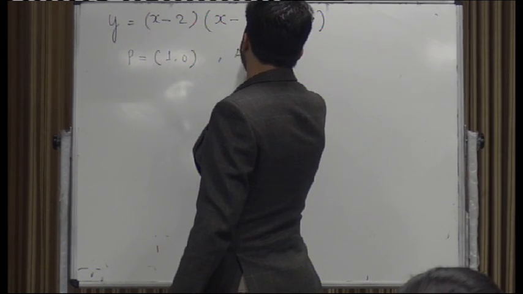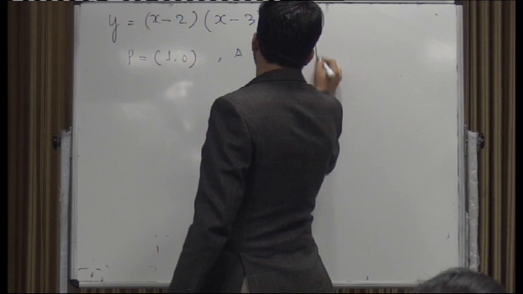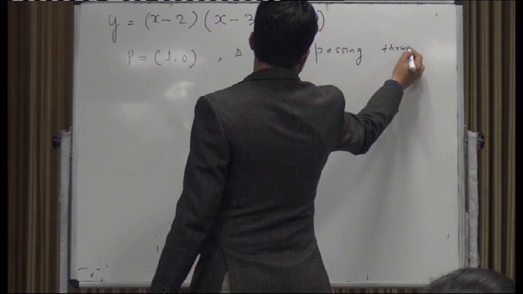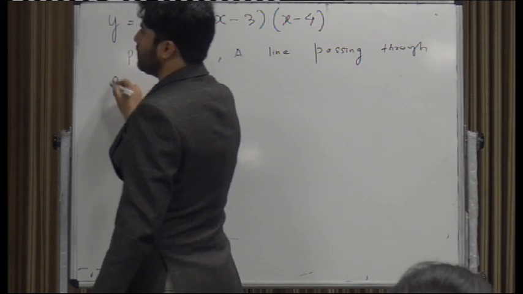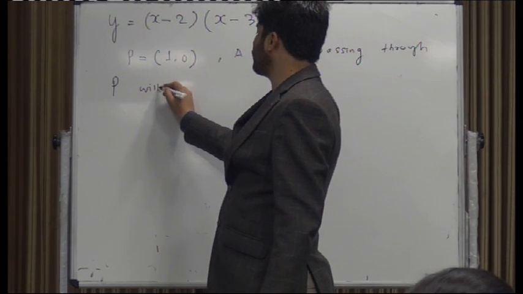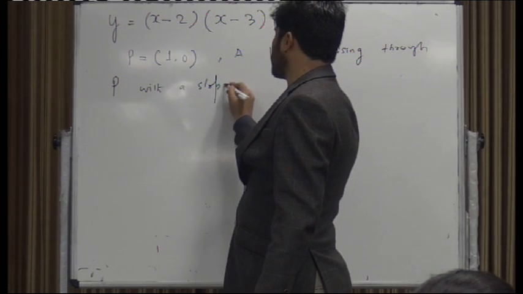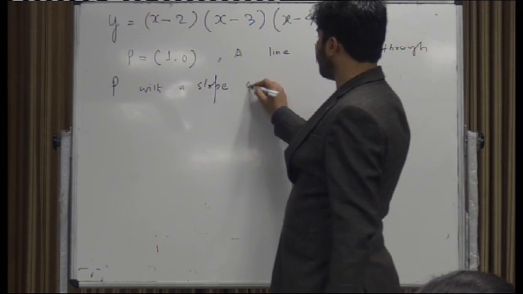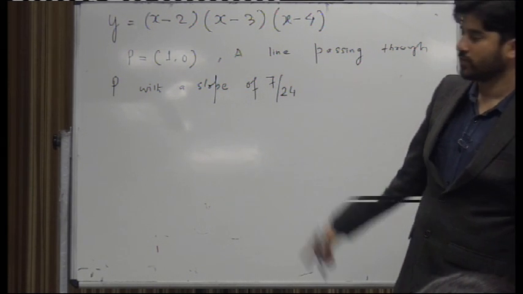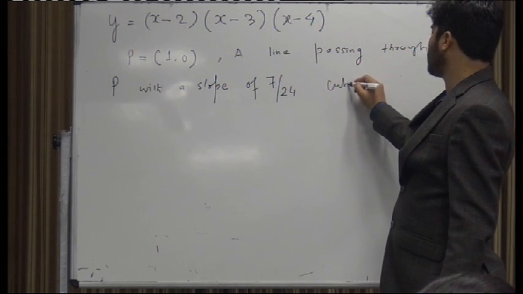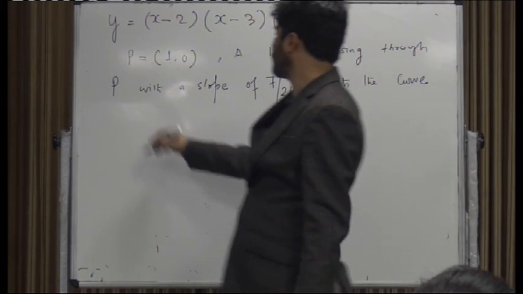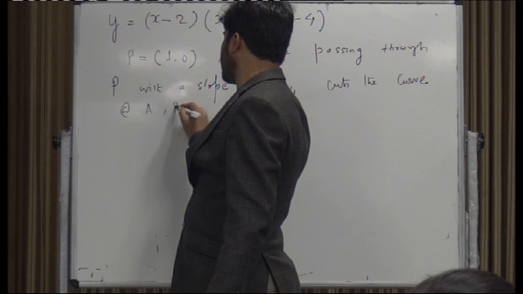A line passing through P with a slope of 7/24 cuts the curve at A, B and C.